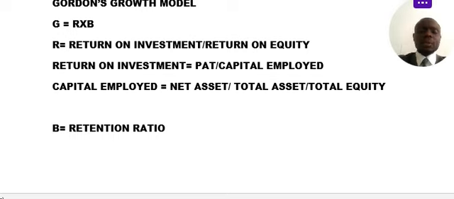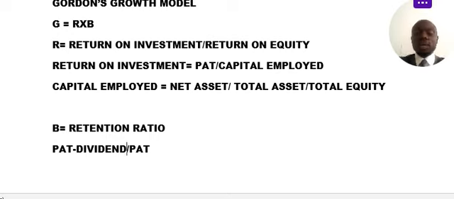Retention ratio is calculated as profit after tax minus the dividend, divided by profit after tax. Profit after tax minus the dividend gives us the retained earnings, and dividing by profit after tax gives us the retention ratio. What it means is that when you pay your equity holders, what you have left is the retention.